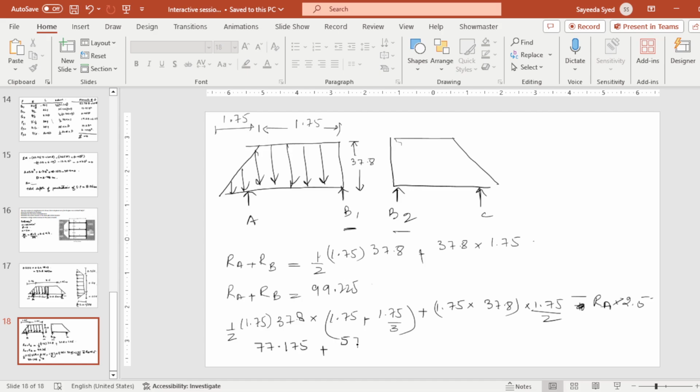So this will give us a value of RA equals 54.02, and RB will be equal to 99.225 minus 54.02, which will be 45.2.